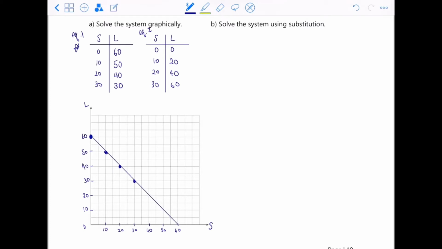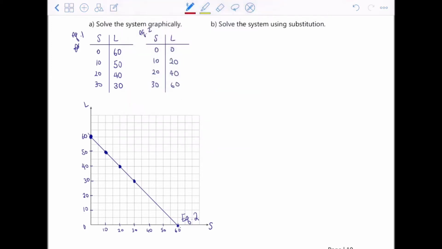We should end here at 60 because when L is 0, then S should be 60. So this is equation 1. You do not need an arrow because it's not continuing more from this point. It doesn't work this way, so you don't have to write any endpoint arrows here.